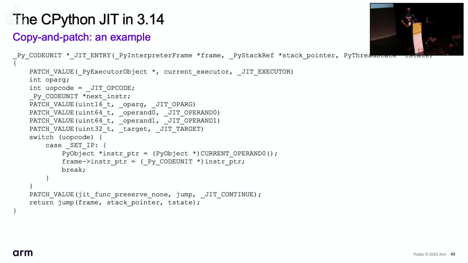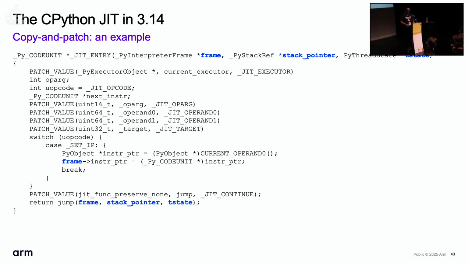When the micro-op _SET_IP is selected for JIT compilation at build time, so again, when we compile CPython, its implementation is wrapped inside a standard C function template, like this one. This function is not for the entire trace. Again, it's designed to execute a single micro-op with all the necessary runtime context.